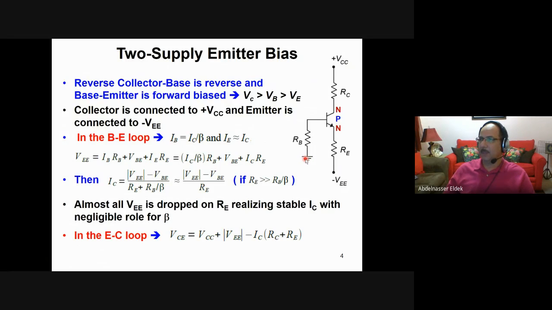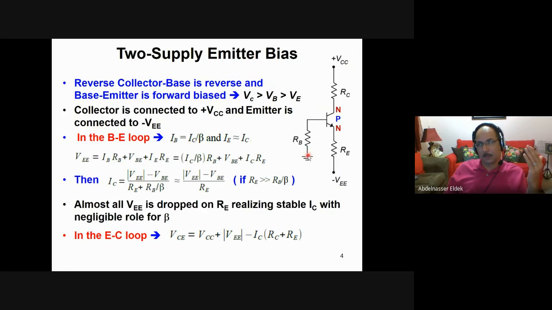So let us see if we have a problem like this, how can we solve it? Usually to solve any problem, what you need to do is to plot IC versus VCE, plot the load line and calculate IC and VCE. So how can we calculate the voltage and current in this circuit here?